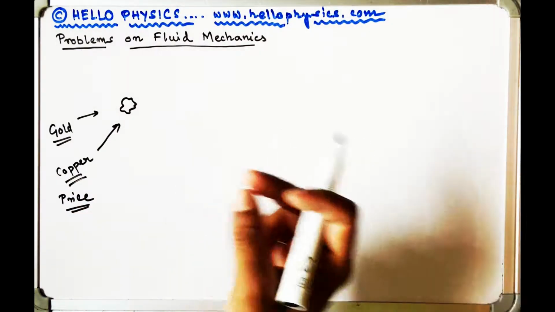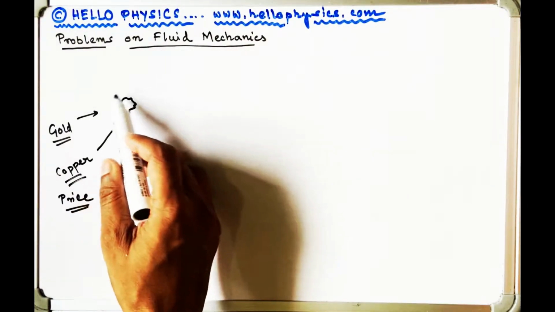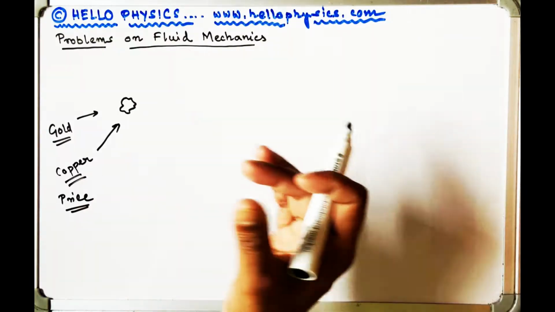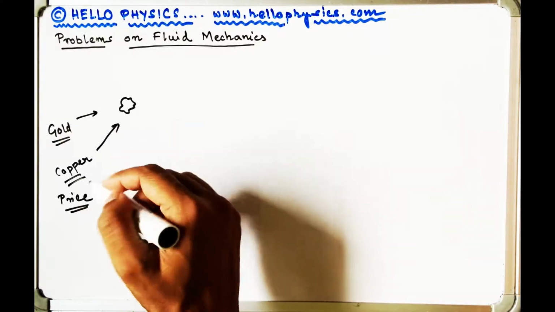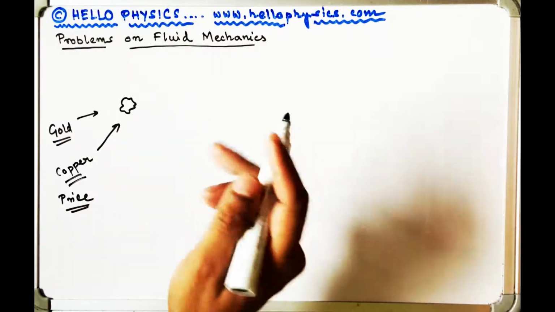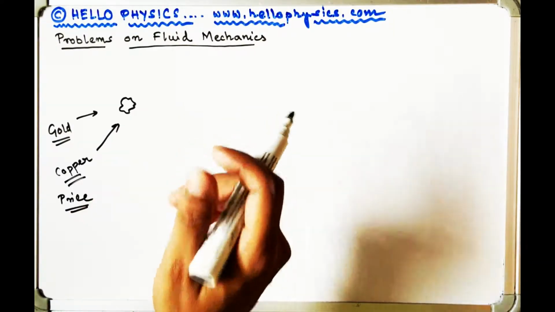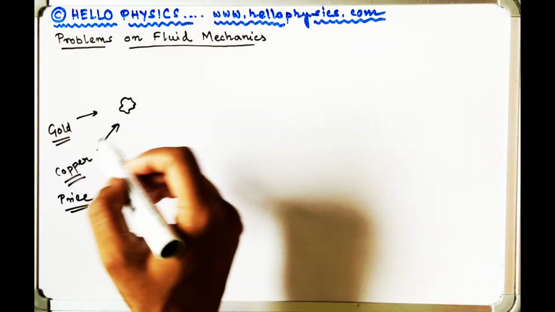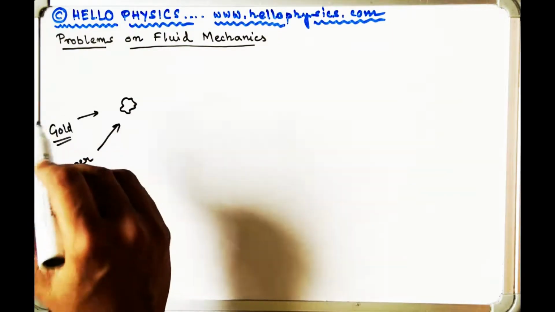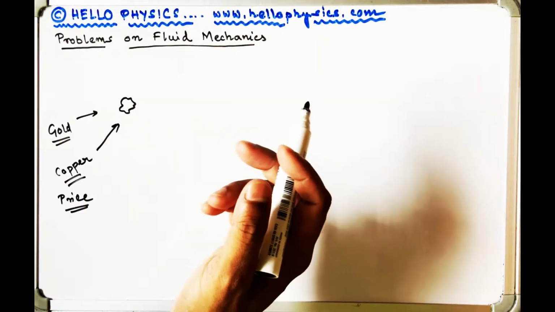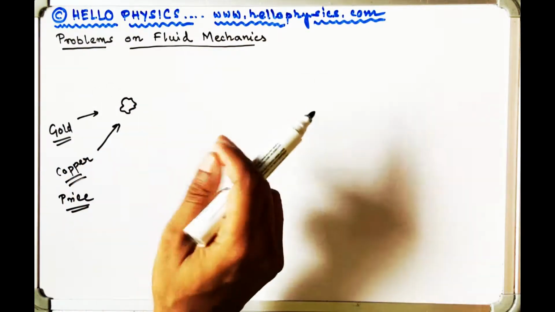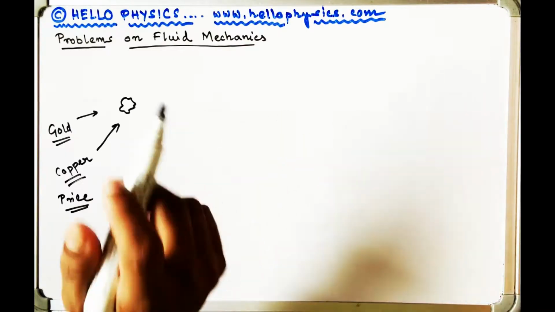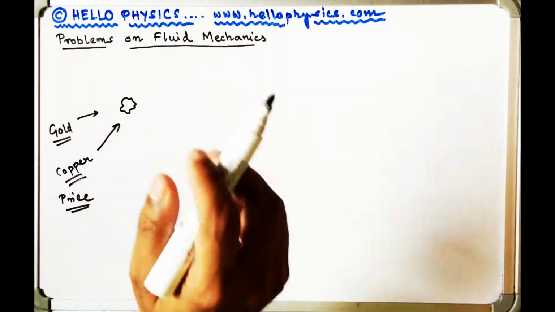But when the jewelry shop owner sells this particular object, he says that this entire material is made up of gold. He doesn't say that there is some amount of copper present inside. So what happens? You basically purchase copper at the price of gold. So it's a loss for you. That means mixing copper into gold may be a crime, okay? It might not be the correct thing to do.